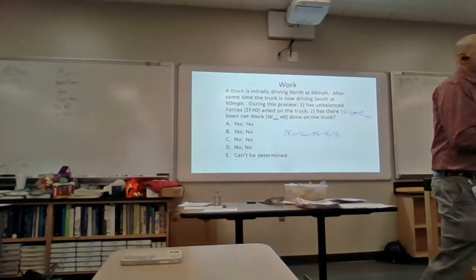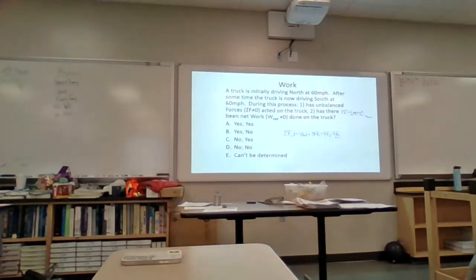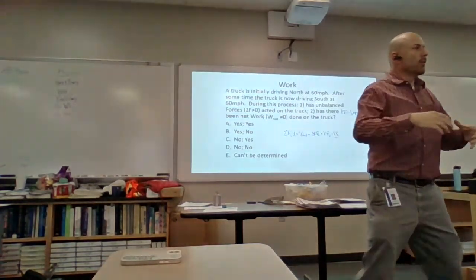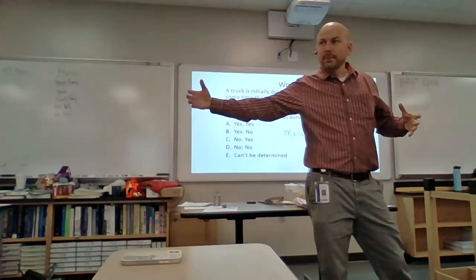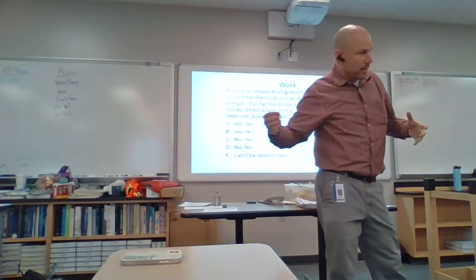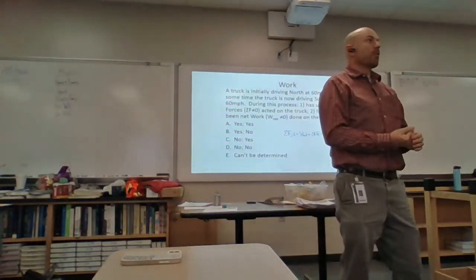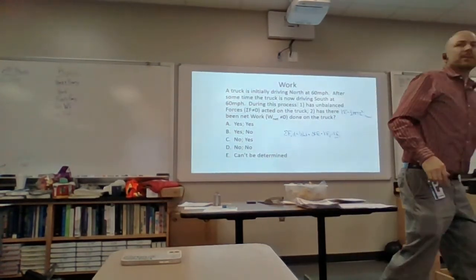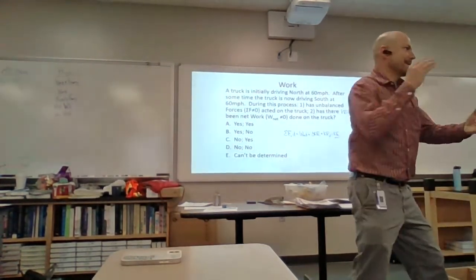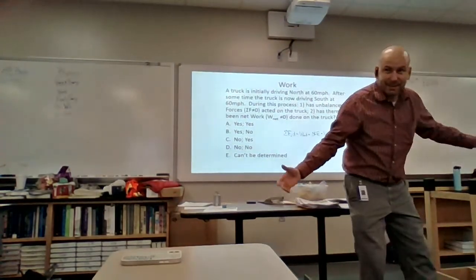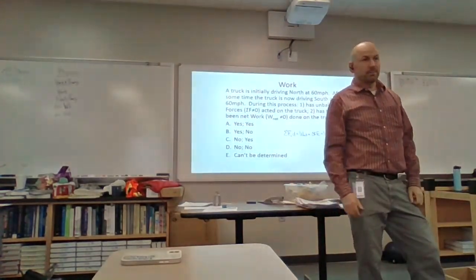So by the time that I reach back up to 60 miles an hour, the negative work done by the braking is equal to the positive work done by the engine to speed it back up to 60 miles an hour. So from the process of starting at 60 miles an hour going north to 60 miles an hour going south, that whole process, the net work was 0.